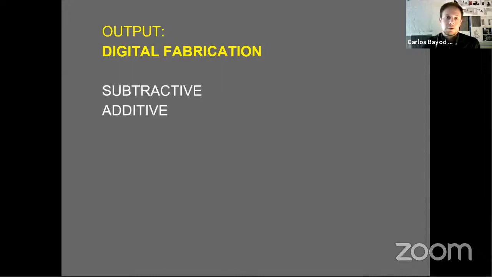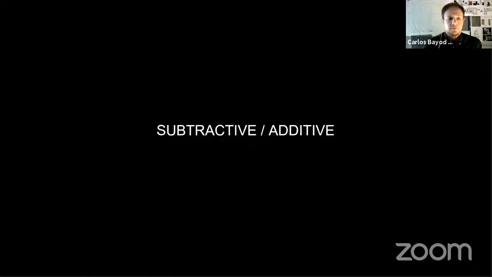We are usually dividing the fabrication systems in two groups. Mostly this differentiation between subtractive technology and additive technology is what is very common today, not only in our field, not only in cultural heritage reproduction, but in the industry in general.